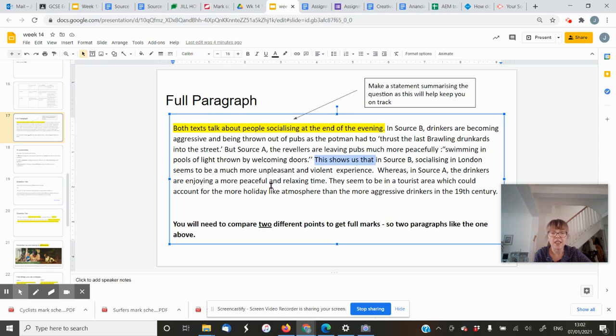And you will need to write 2 paragraphs of that in order to get full marks. So 2 paragraphs like that, giving evidence from the text, making statements to explain that evidence, and then comparing the 2.